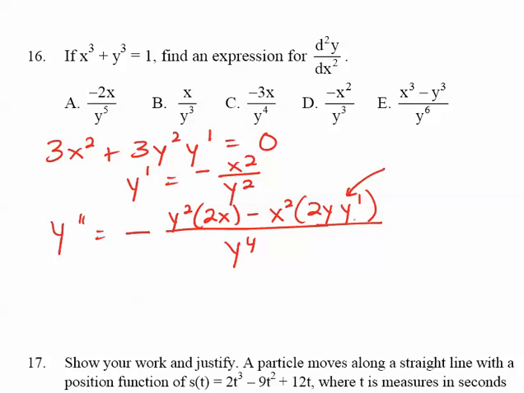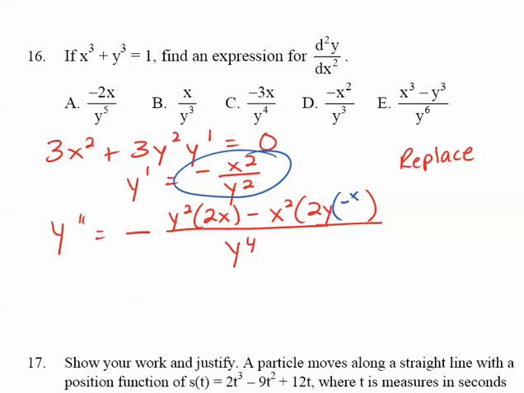So this y prime we want to replace. That y prime we can replace with the value that we just found. My video is getting long, so I'm going to actually cheat and replace it right away.